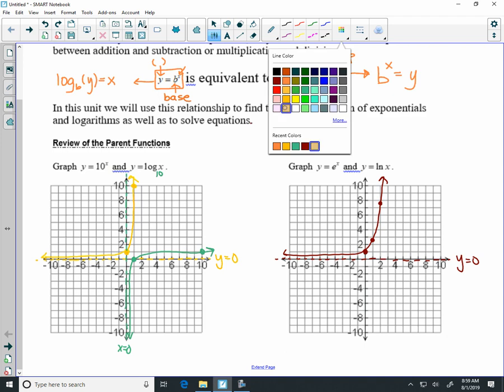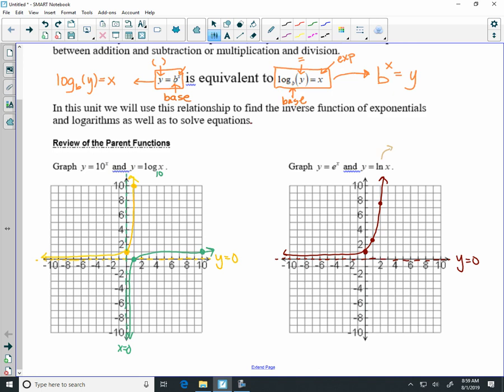And our inverse, ln of x, is the same as log base e of x. It's just used so often that it has that little shortcut. Same x-intercept as log of x. But then we're going to flip.